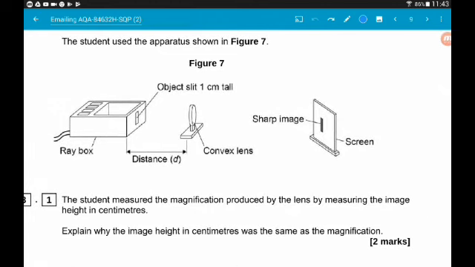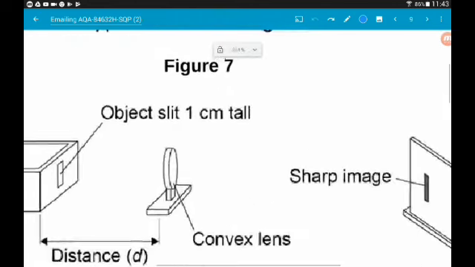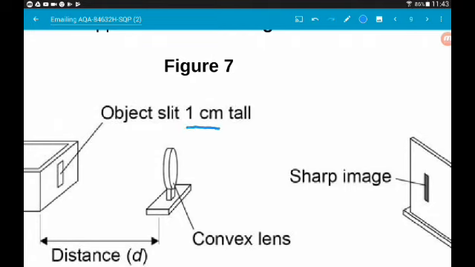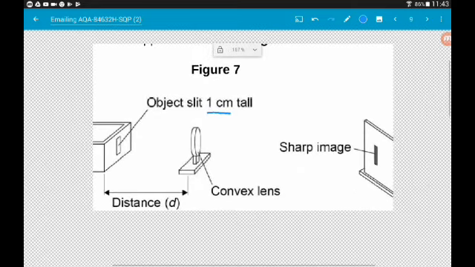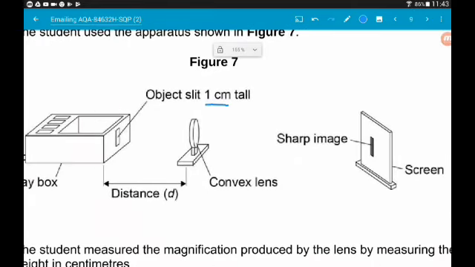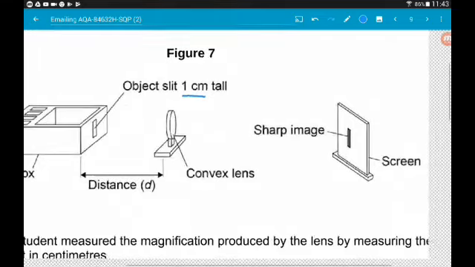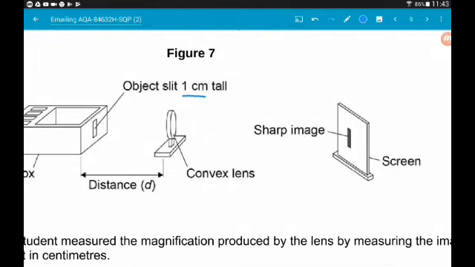So we've got our ray box. Very importantly for this question, the object slit is 1 centimetre. So then we've got the distance d between the object and the lens, and then we've got the screen on the right with the image.